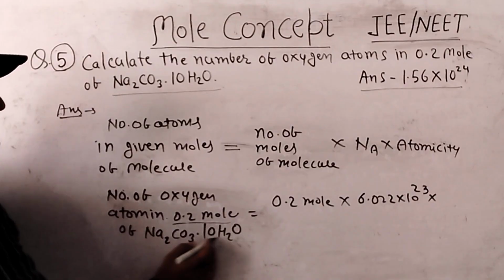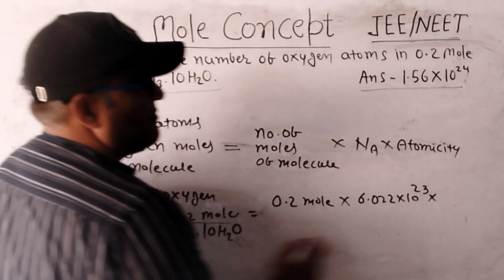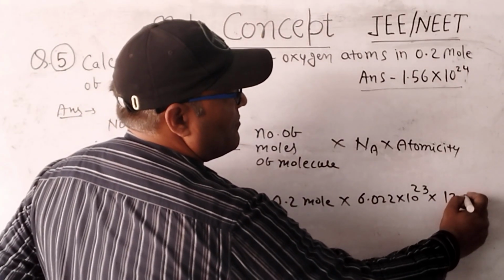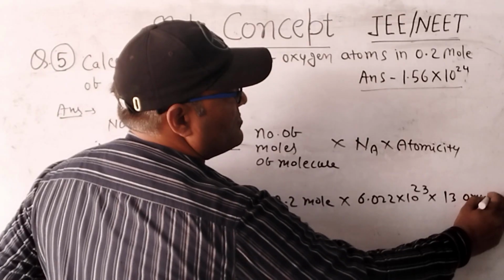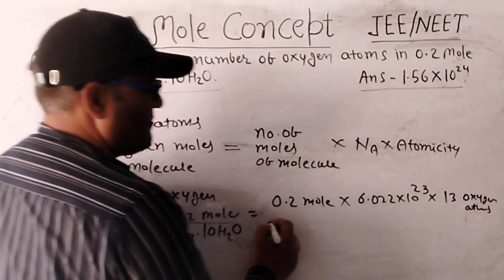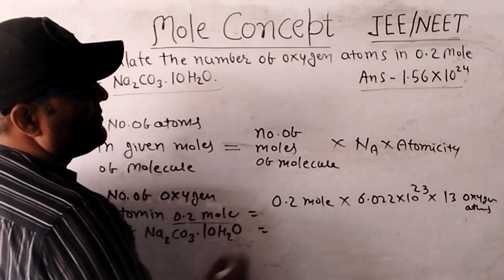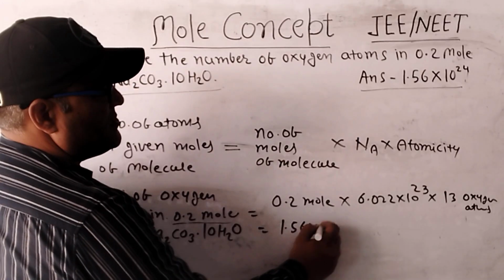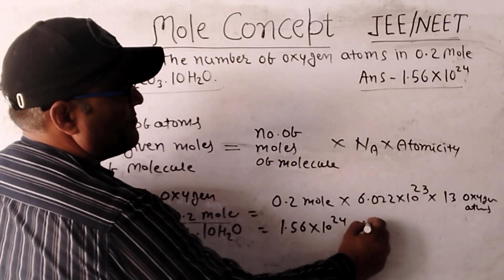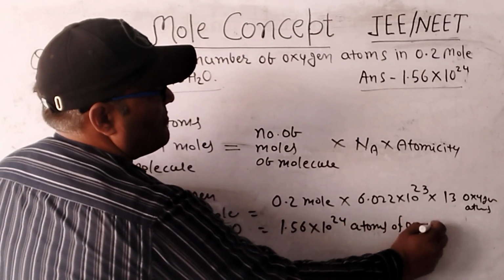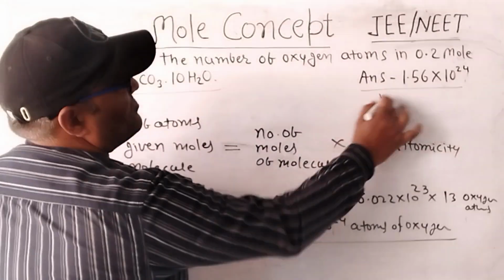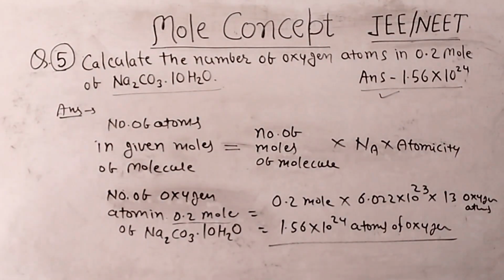So atomicity is 10 oxygen plus 3 oxygen, 13 oxygen atoms. Now after calculation, 1.56 into 10 to the power 24 atoms of oxygen is the answer. So you can take a screenshot right now.